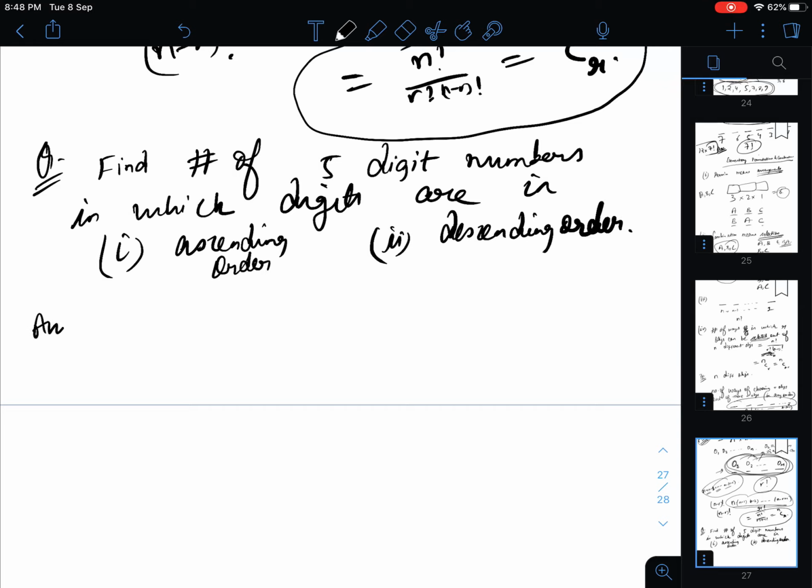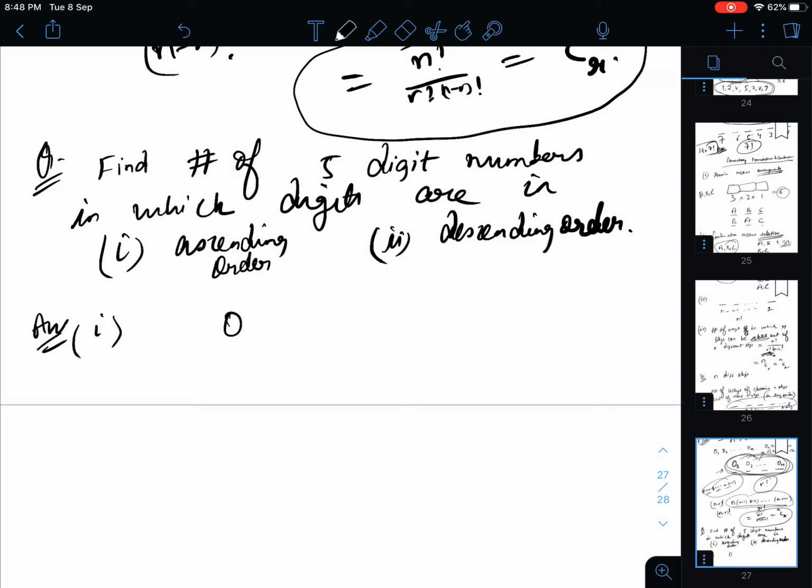Okay, now you see, when you want to arrange the digits in ascending order, it is important whether or not 0 is selected amongst the digits.